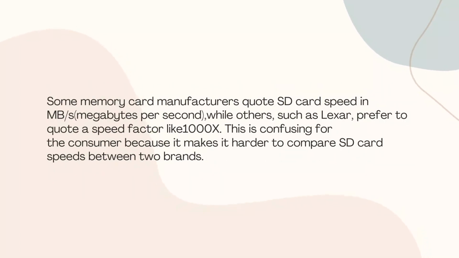Some memory card manufacturers quote SD card speed in megabytes per second, while others, such as Lexar, prefer to quote a speed factor like 1000x. This is confusing for the consumer because it makes it harder to compare SD card speeds between the two brands.